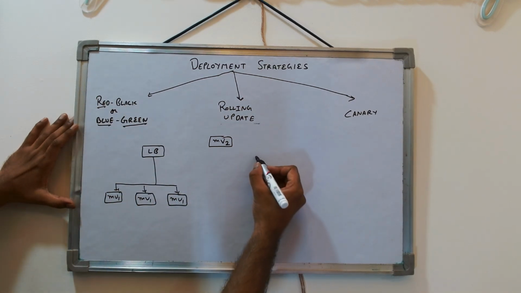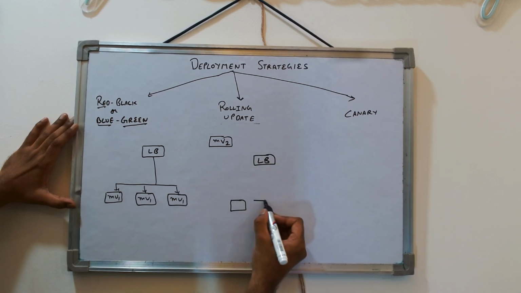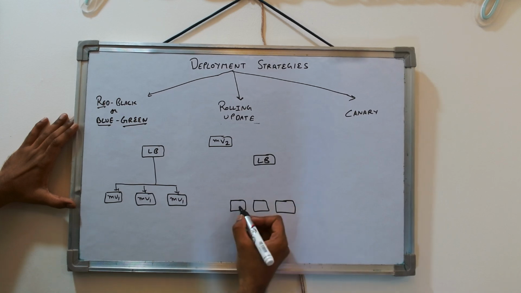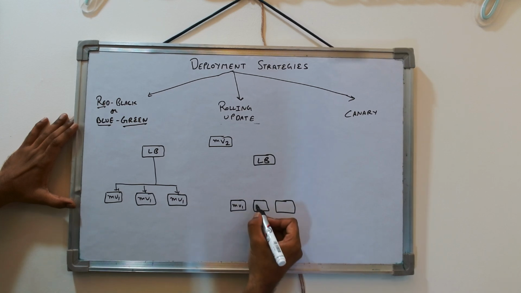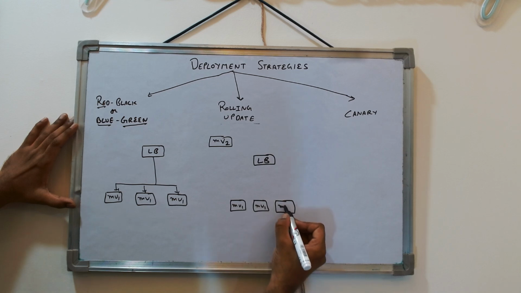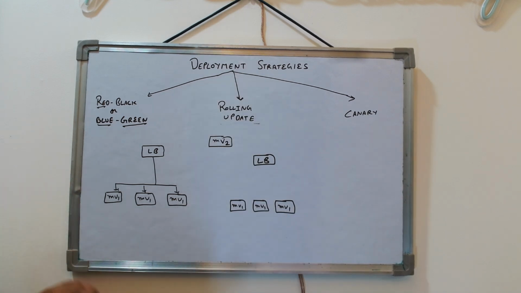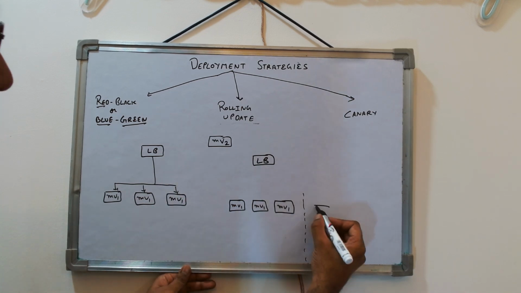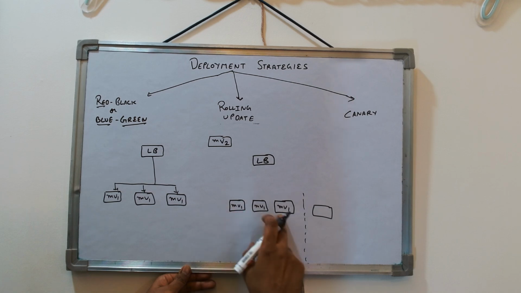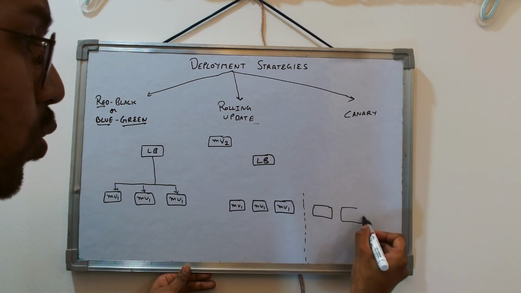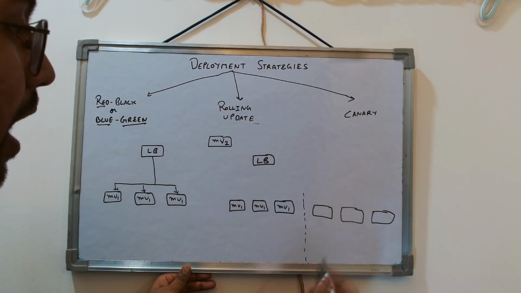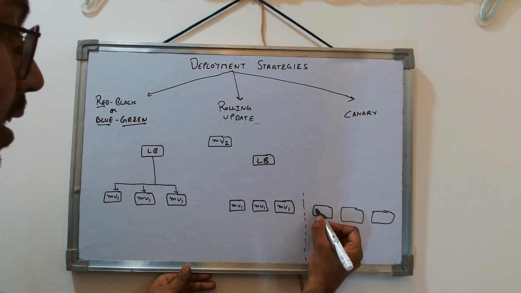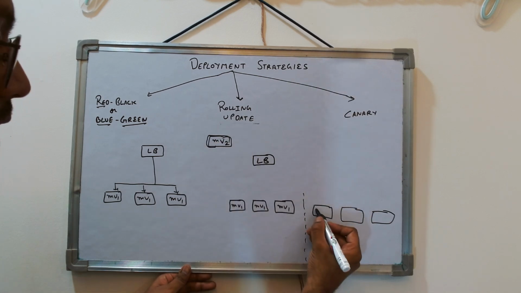So here, first, this is your old group or old instances where manifest 1 is already deployed, right? Now here, if you see what I am doing in this approach, for the number of instances which you already have, an equal number of new instances are created and this new manifest version 2 is deployed there.